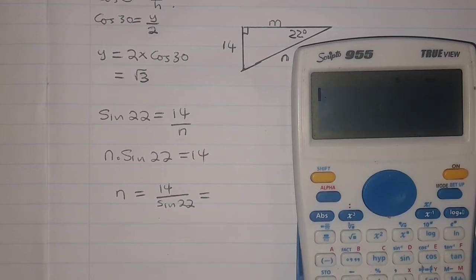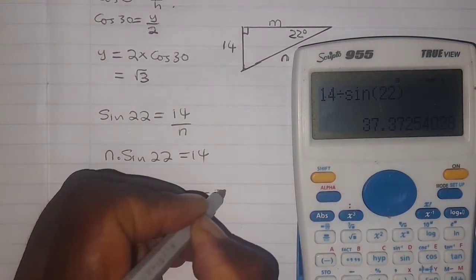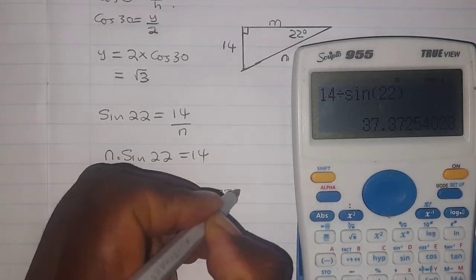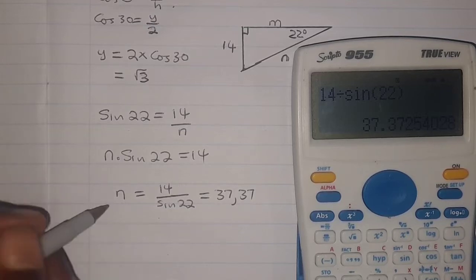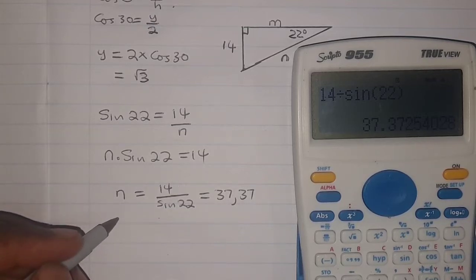On your calculator, it's 14 divided by sine 22, and this is equal to 37.37 units.